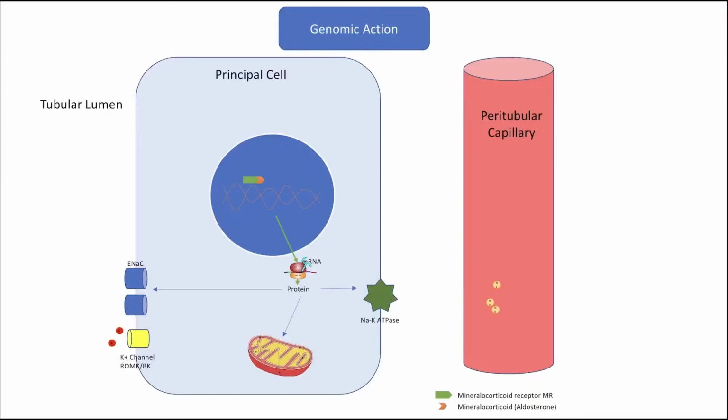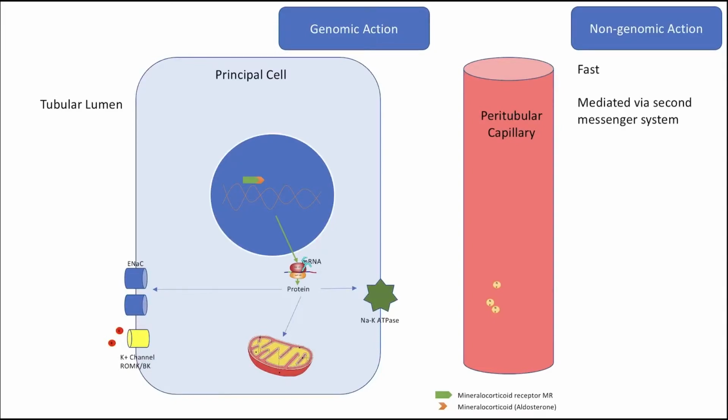But aldosterone also has some faster activity, which is mediated via non-genomic actions. It is fast and mediated via some second messenger system like cyclic AMP or the phosphatidylinositol or IP3 system, though the exact mechanism or in which cell it acts is not precisely known.